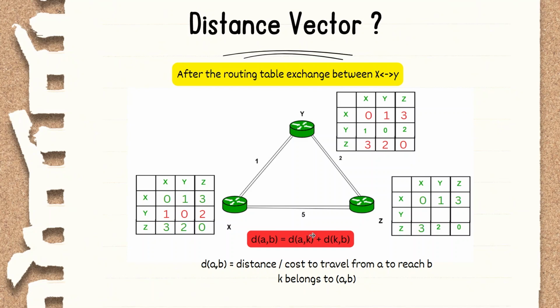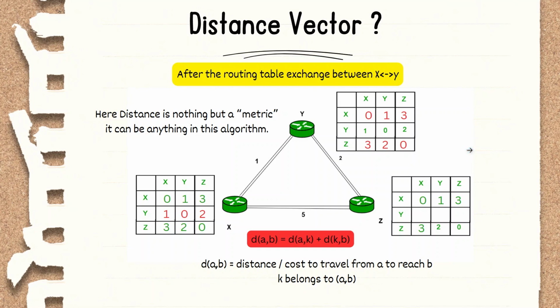And let's say there is a second routing table exchange between X and Y, and now these are the routing tables, and this is the key function that is being run, and these are the costs. So that's how the distance vector is running behind this dynamic routing protocol, and that's how the shortest path will be calculated.